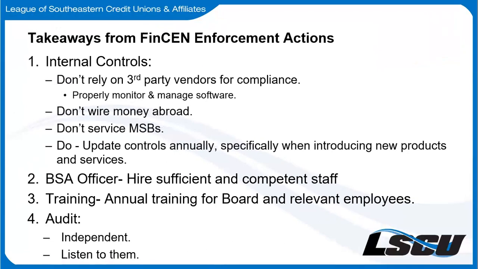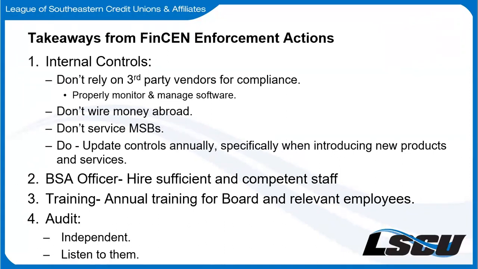So the lessons that we're able to learn from these FinCEN enforcement actions include ensuring that for our internal controls, we always have oversight of our vendors and our vendor management. Also ensuring that we are not wiring money abroad or servicing money service businesses without conducting research to ensure that the risk does not outweigh the reward.